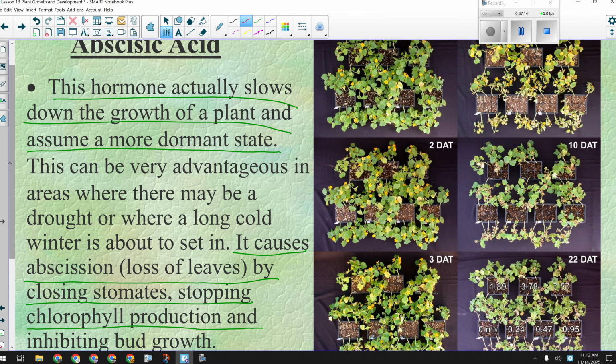Okay, so abscisic acid is important for preparing a plant for dormancy.